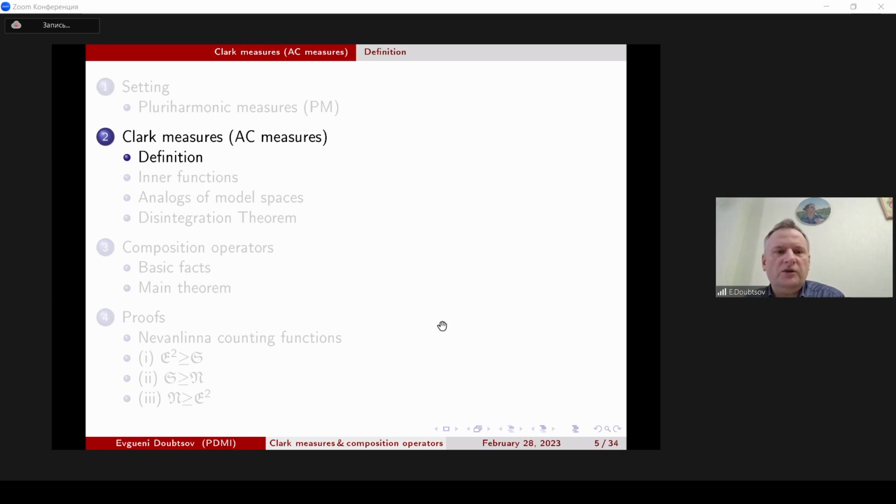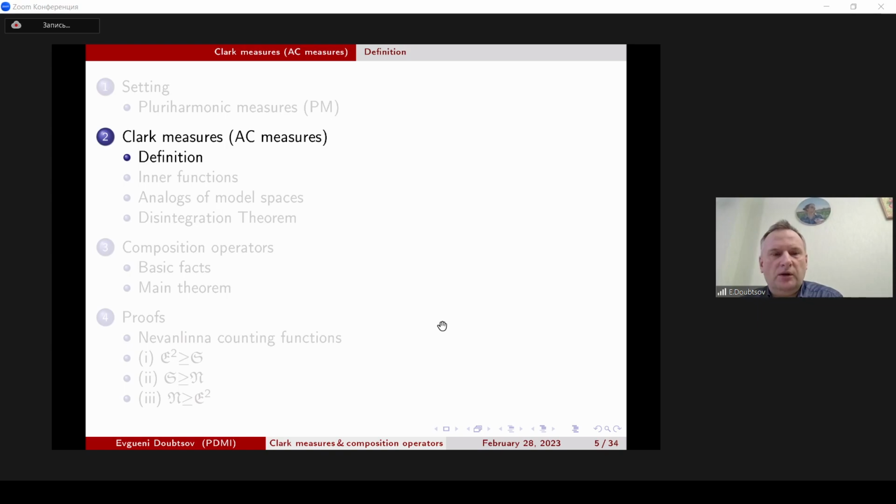Not all of them are directly used in the proof, but just to make it understandable that such objects, even in several variables, in the classical case of the unit disk, it is well known that these measures are, say, maybe not omnipresent, but are useful in rather different situations.